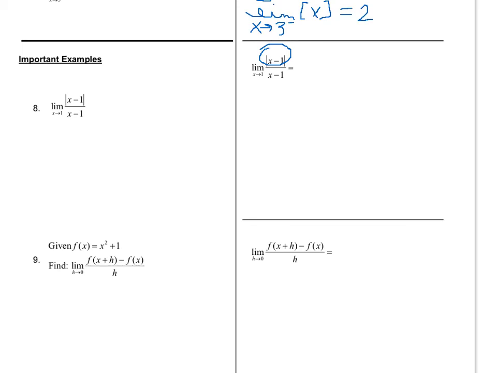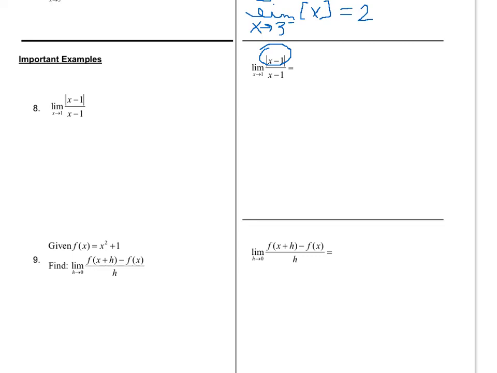So if you take a look at the limit as x approaches 1. If x is a little bit bigger than 1, we would get a positive value out of that inner quantity, so the absolute value sign would not be needed. If you take a number just a little bit less than 1, you would end up with a negative value out.